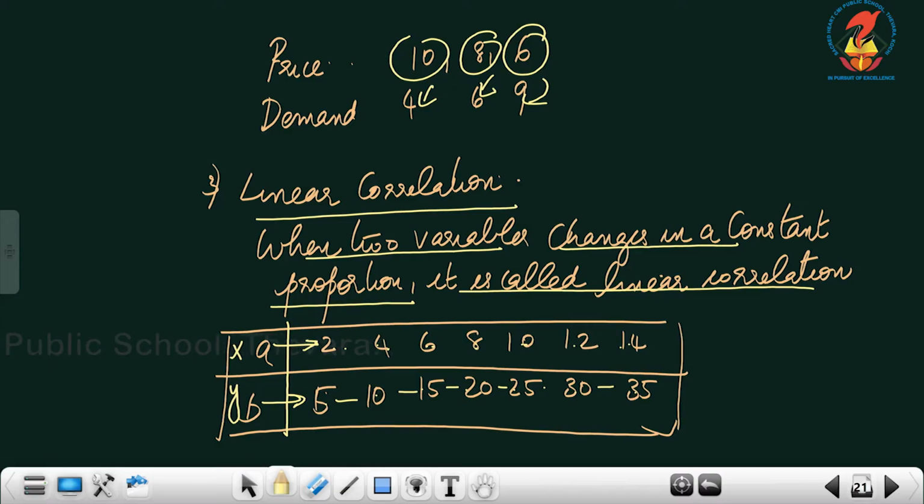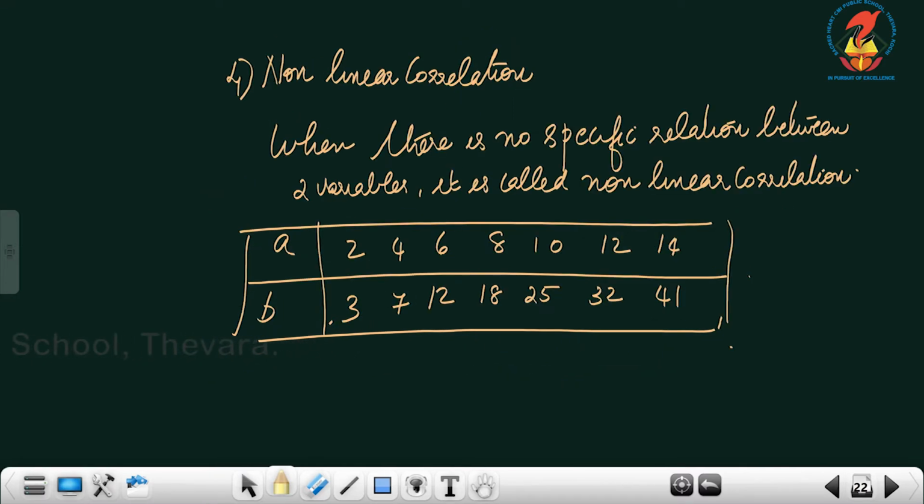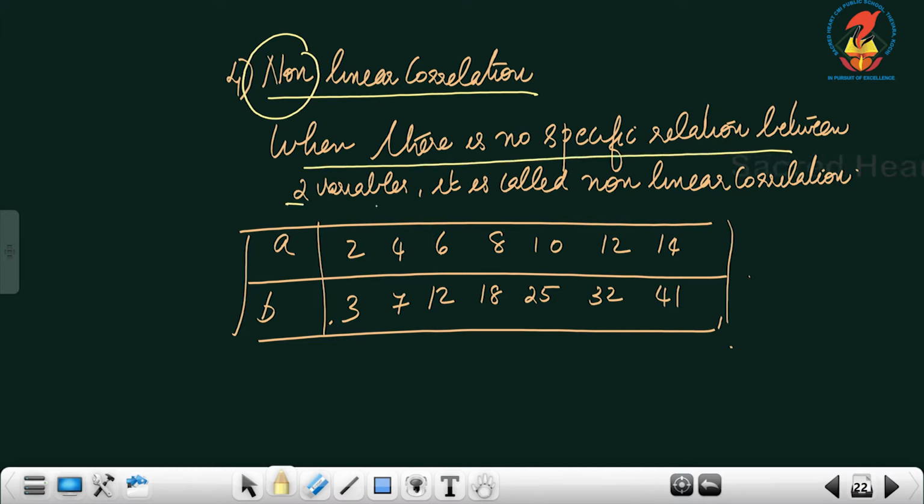Next we will move on to non-linear correlation. What is non-linear correlation? That means they won't be moving in a specific or constant proportion, right? Because it is non-linear. When there is no specific relationship between two variables, it is called non-linear correlation. Here you can find X or A is moving with a constant proportion 2, 4, 6, 8, 10, 12, 14.